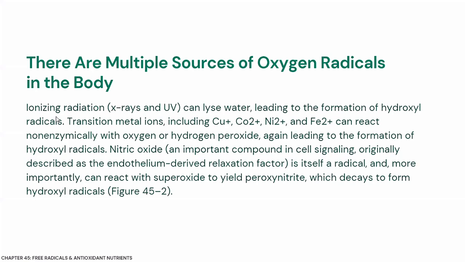They can react with oxygen or hydrogen peroxide, again leading to the formation of hydroxyl radicals. All right. But these metals are very, very important in our body. Like, for example, iron. You need that in your hemoglobin.